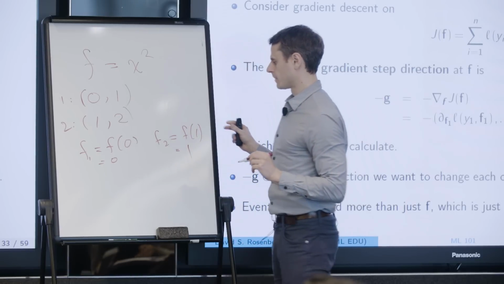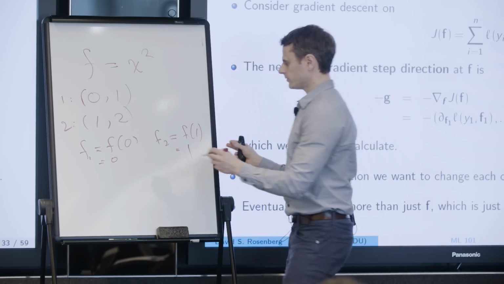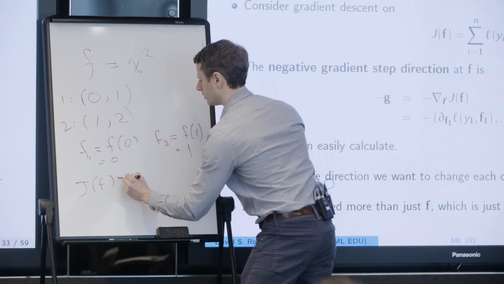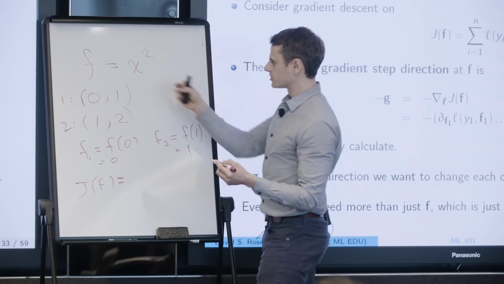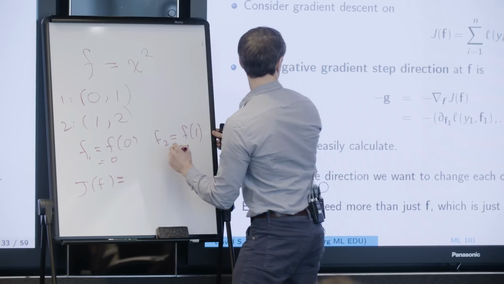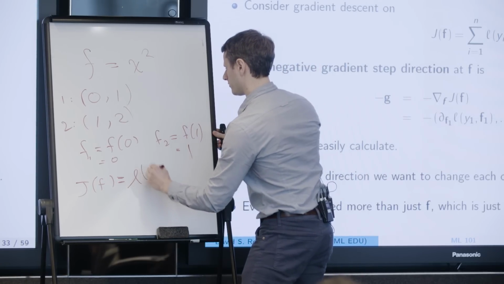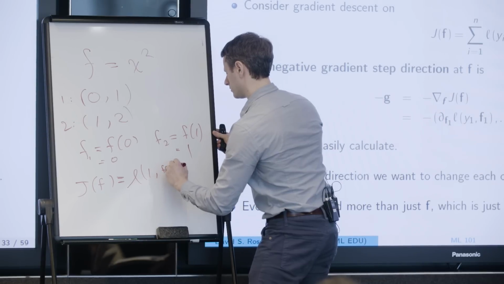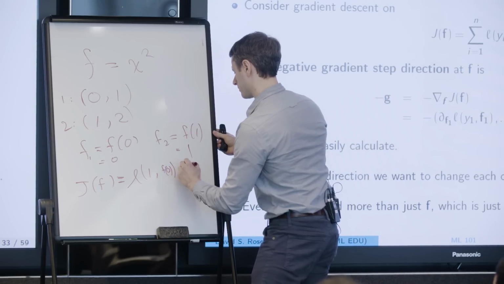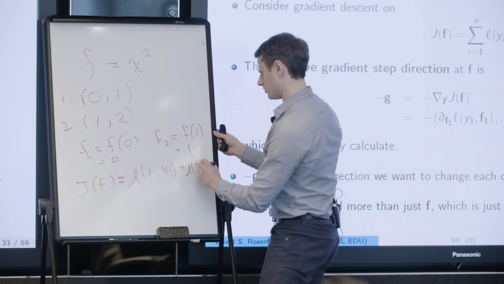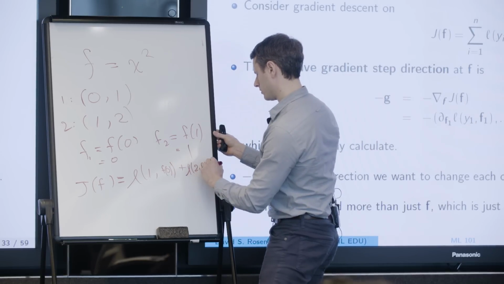Great. Okay. So J of f is equal to the performance of this same function on the two training points. So that's the loss of 1 comma f of 0 plus loss of 2 comma f of 1.